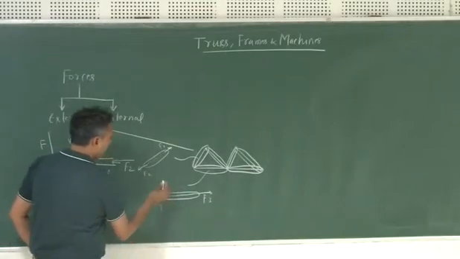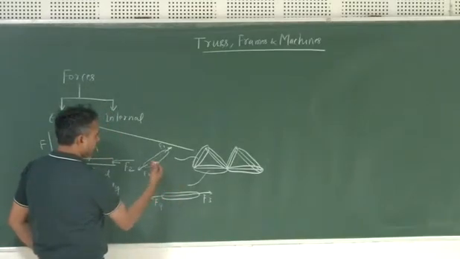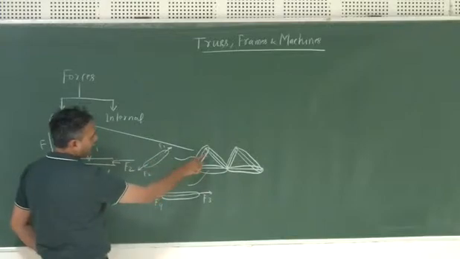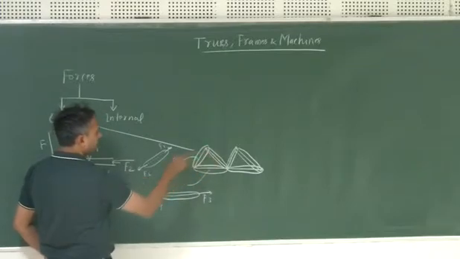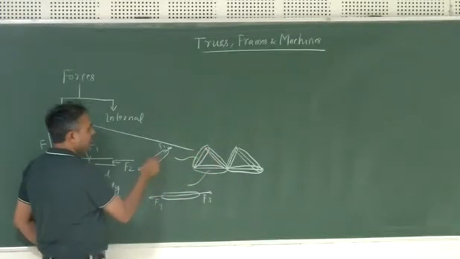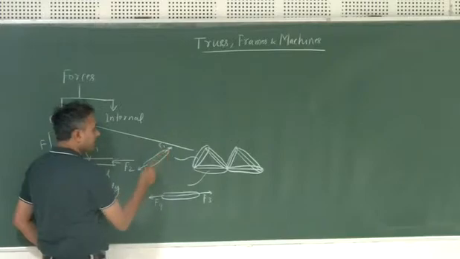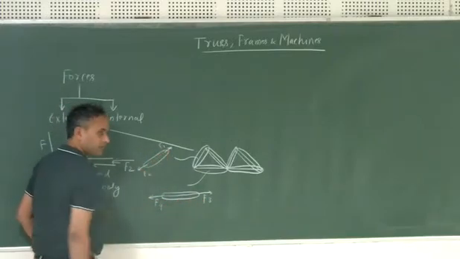What one can see here is that under this condition there is no external force acting, but when you separate out each member, it will have F4 and F3.